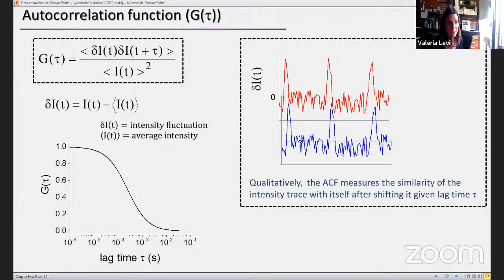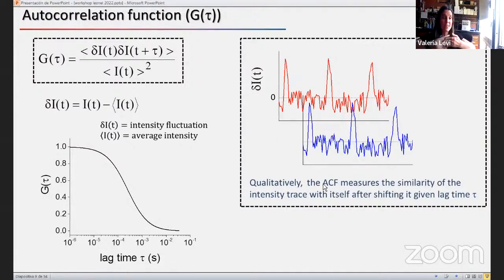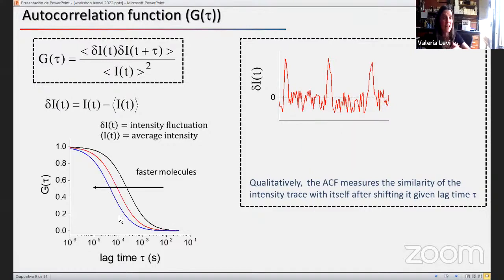So if tau increases, this self-similarity decreases, and whenever tau is high, the average of all the multiplications will give 0, okay? So if now you have faster molecules, this fluctuation will last for a shorter period of time, and the self-similarity will decay faster than before, okay? So the autocorrelation function contains information on the dynamics of the molecules.